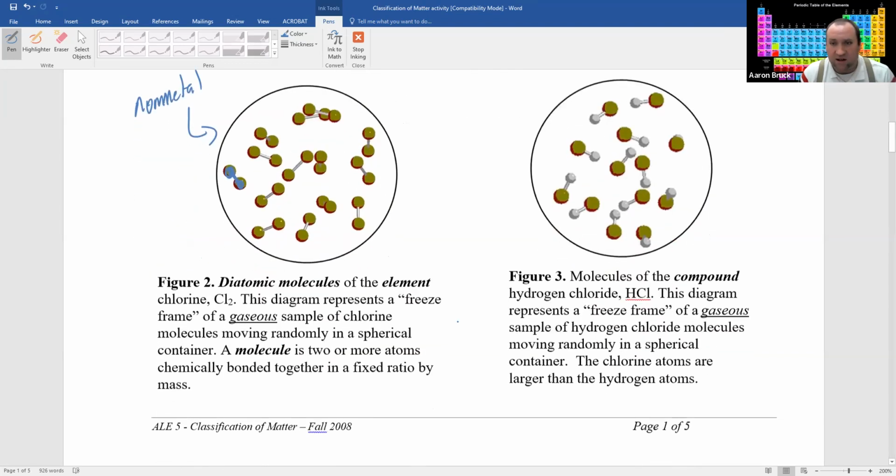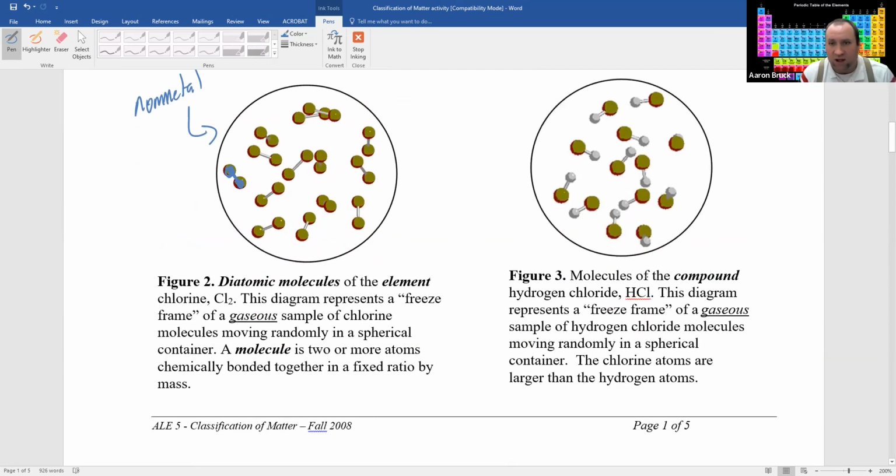And then in this third picture, here are molecules also. We can see that there are molecules here of different kinds. So I've got an atom of chlorine here, but I've got an atom of hydrogen here.